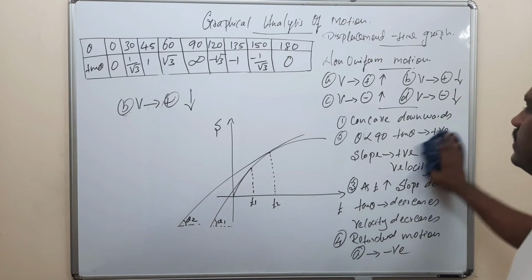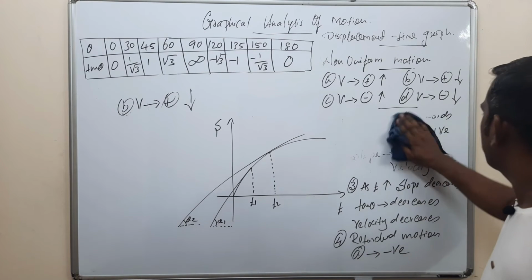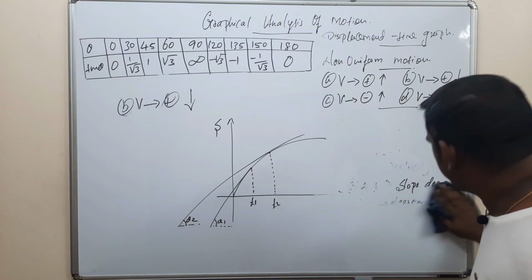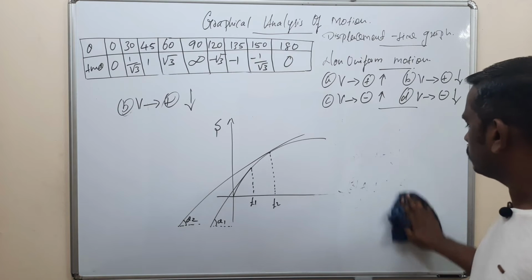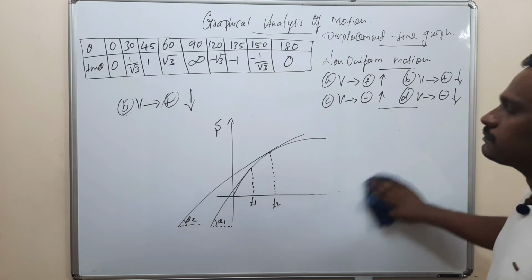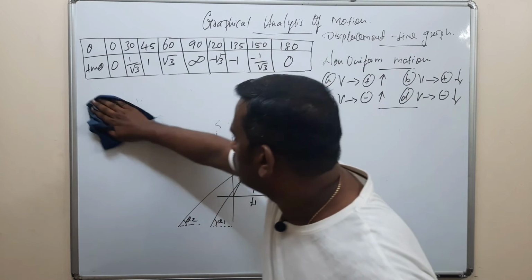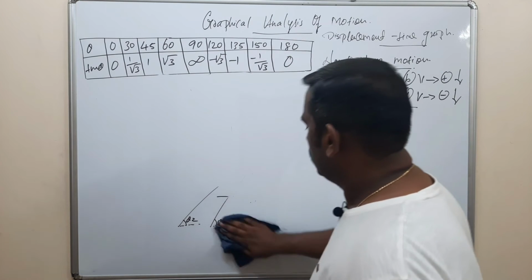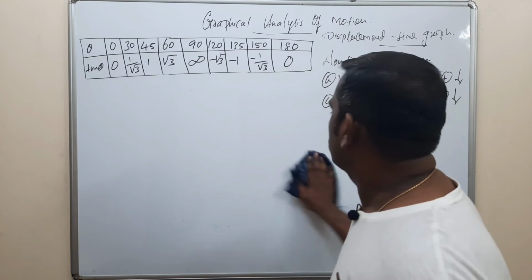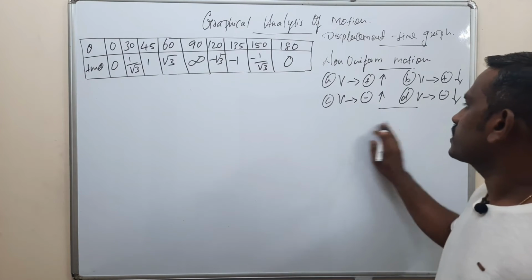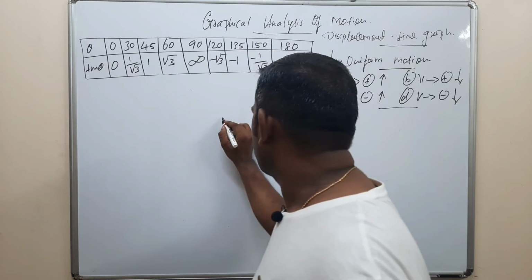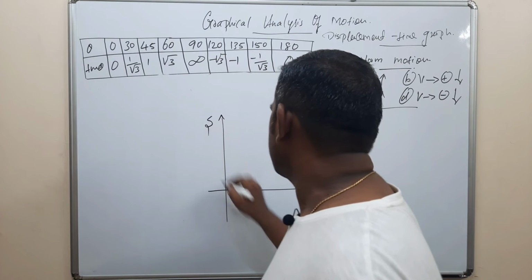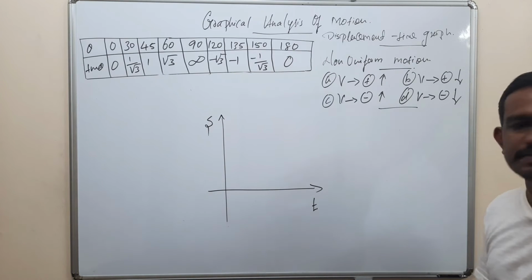Then the next case, velocity negative increasing. Displacement time graph.